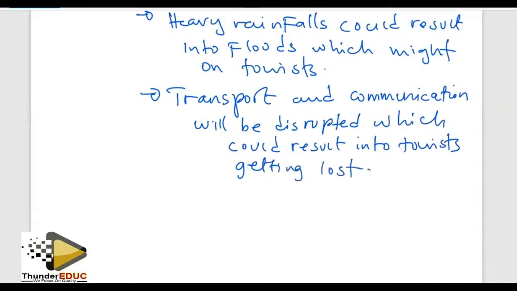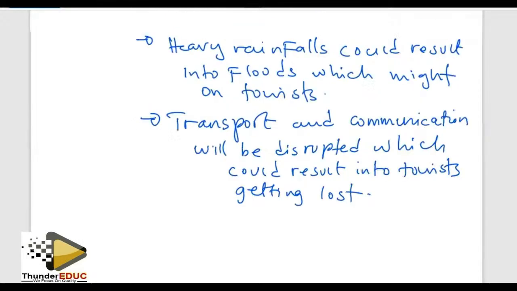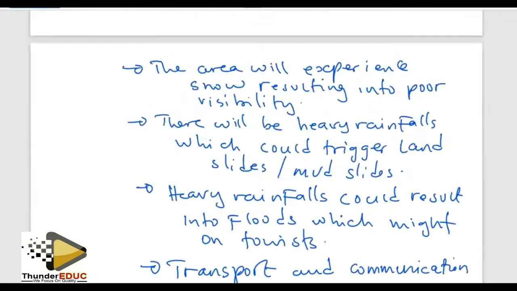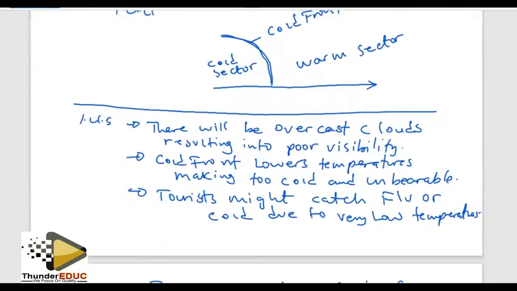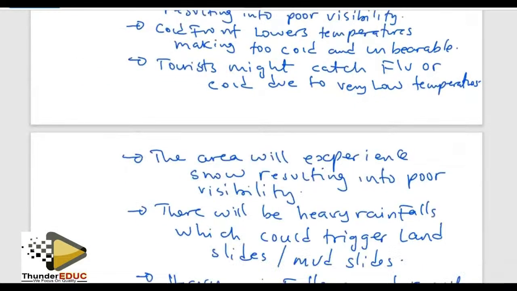So among other factors, just to recap, we said there will be overcast clouds resulting into poor visibility. The cold front makes temperatures very low and unbearable. Tourists might catch flu or cold due to very low temperatures or cold snaps. And the area will experience snow resulting into poor visibility as well.